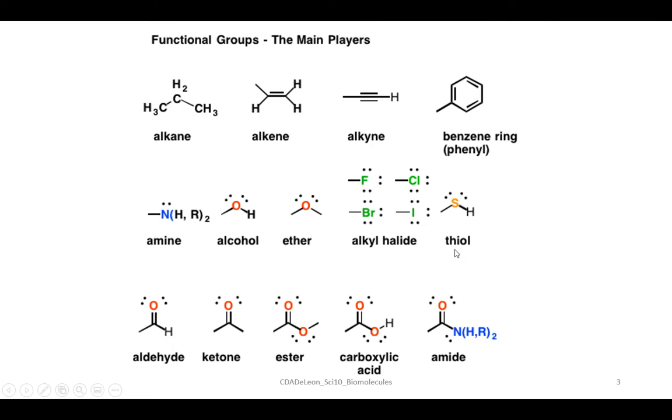Thiol or thiol derivative is any organosulfur compound of the form RSH, where R represents an alkyl or other organic substituent, and the SH functional group itself is referred to as either a thiol group, a sulfhydryl group, or a sulfanyl group.